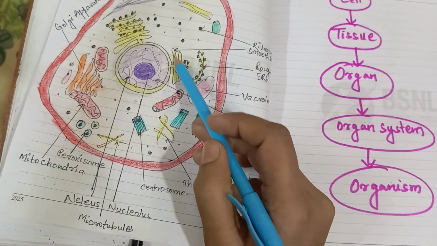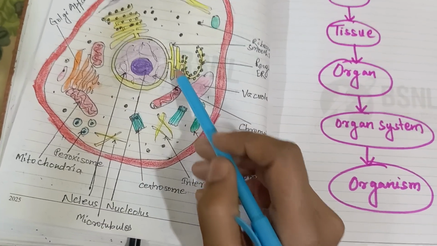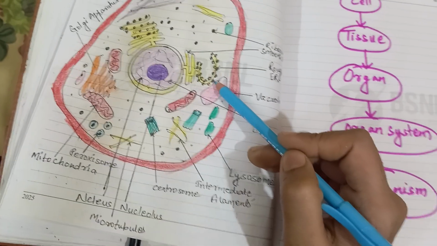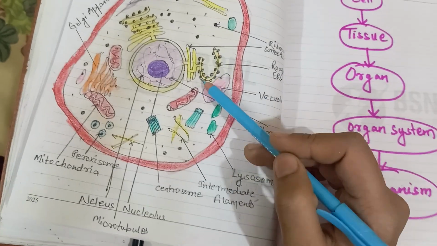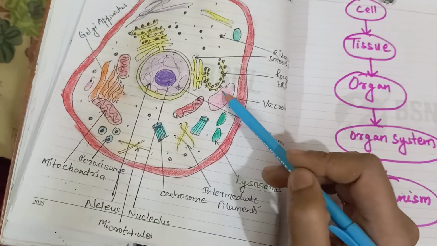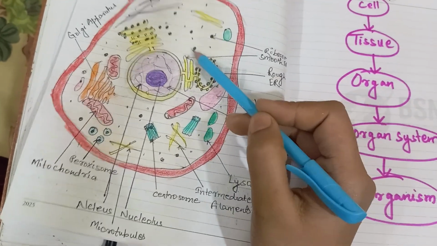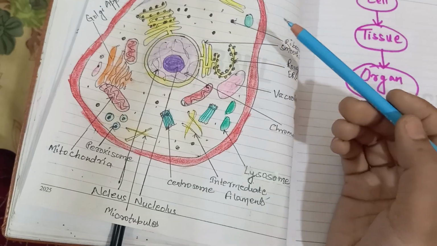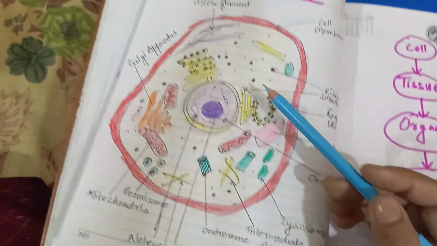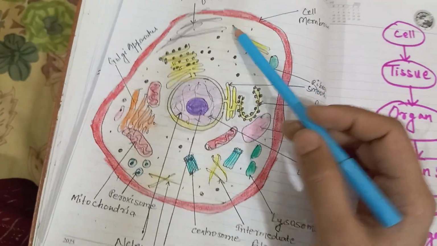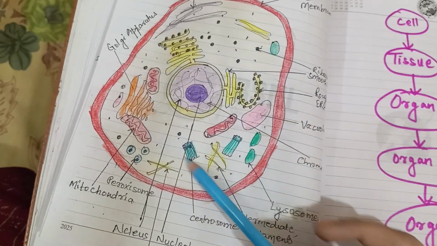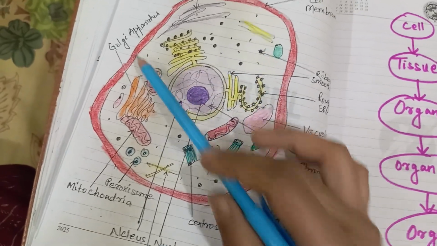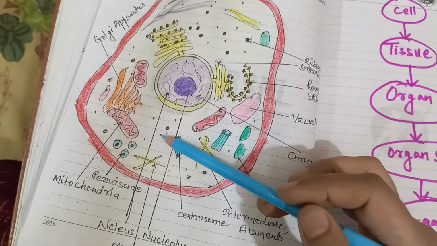In the smooth endoplasmic reticulum there is an absence of ribosomes, and in the rough endoplasmic reticulum ribosomes are present. Ribosomes are round shaped components present in the cell, and the whole jelly-like substance inside the cell membrane is the cytoplasm.